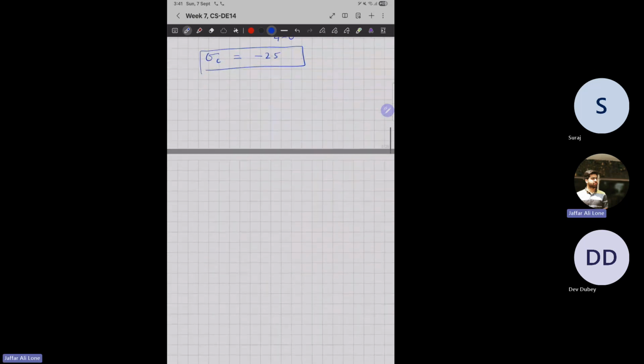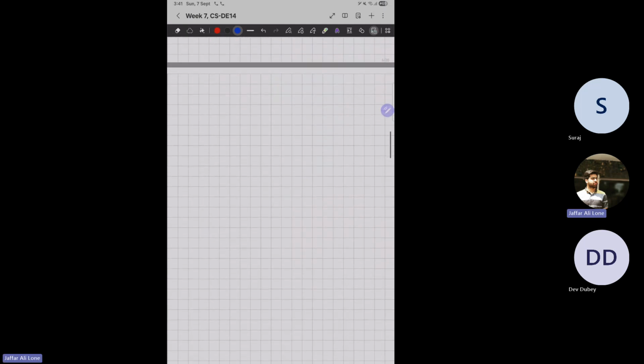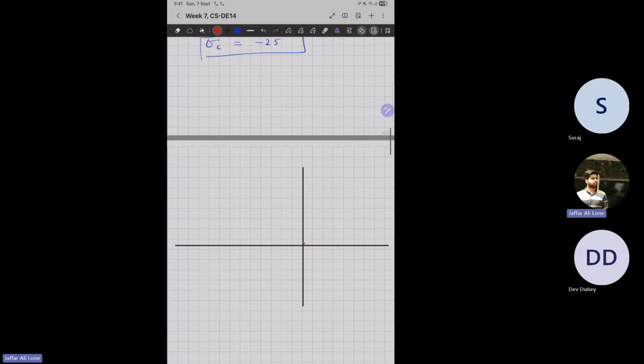So now let's try to plot it. Okay, so we have 4 poles. One is at 0, other one is at -6, and other two are -2 plus j3 and -2 minus j3.